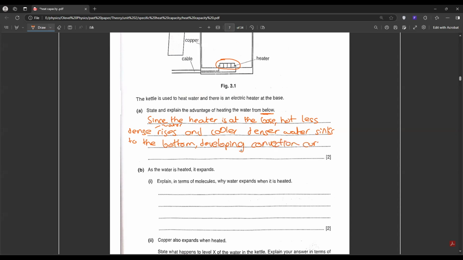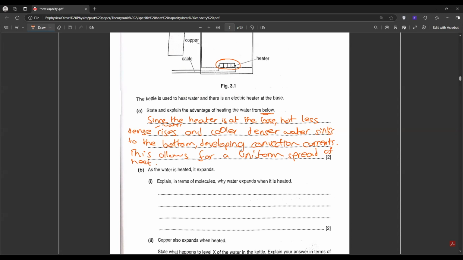And as convection currents develop, what will happen? This allows for a uniform spread of heat.